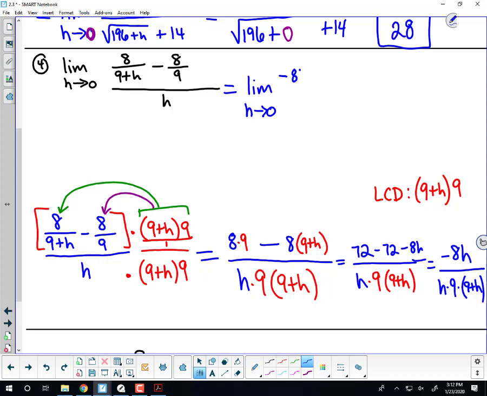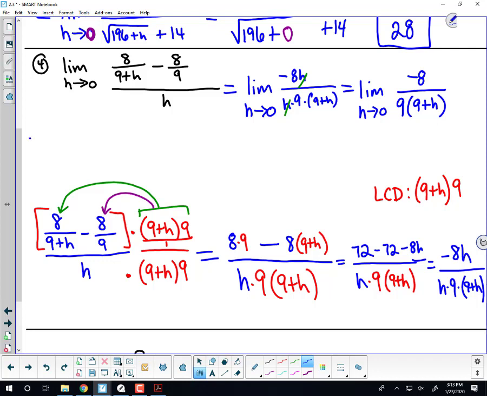So we have the limit as h approaches 0 of the function -8 over 9 times 9 plus h. And so now the issue of h approaching 0 isn't an issue anymore because as h approaches 0, our denominator there doesn't approach 0. So we can now evaluate that directly.